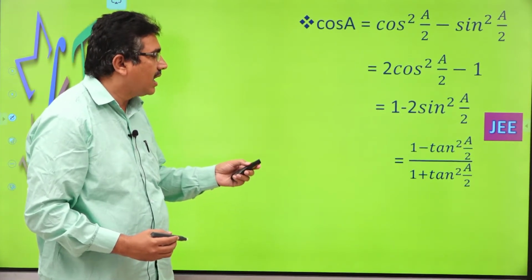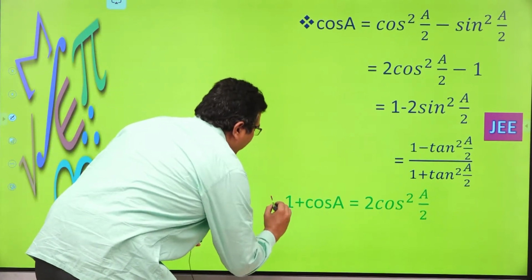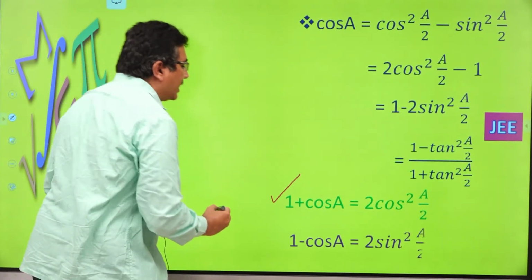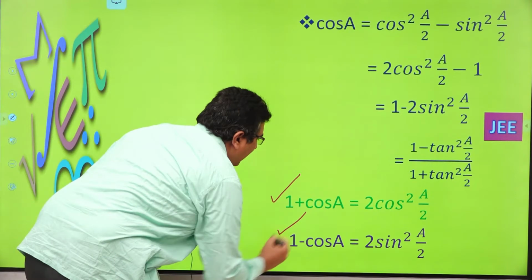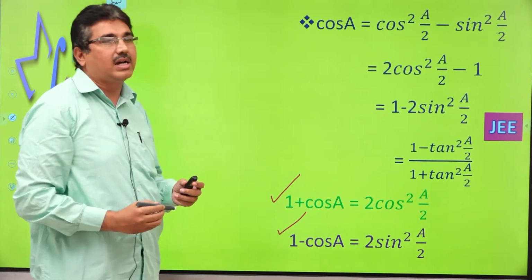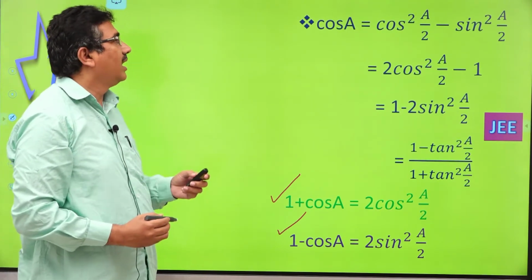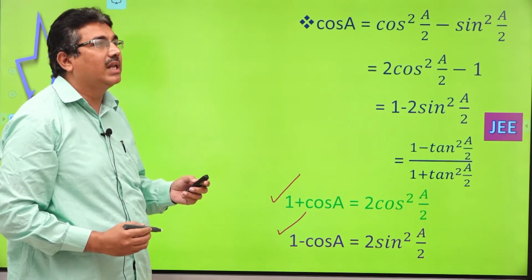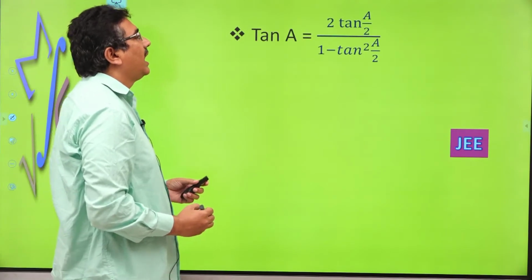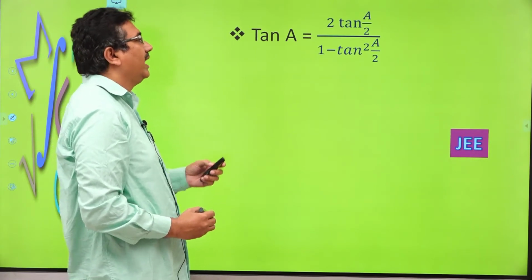Now from this also we get 1 plus cos A, a very important formula. 1 plus cos A and 1 minus cos A. 1 plus cos A is equal to 2 cos square A/2. 1 minus cos A is equal to 2 sin square A/2. Now, the tan A formula in terms of tan A/2: tan A is equal to 2 tan A/2 by 1 minus tan square A/2.